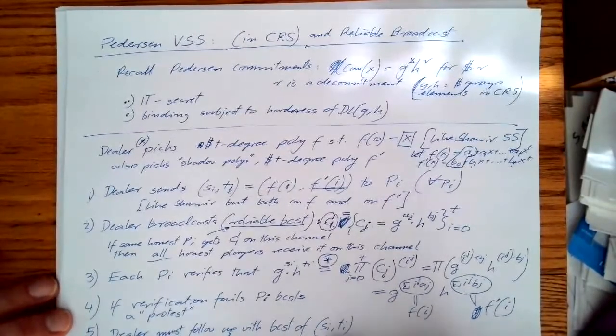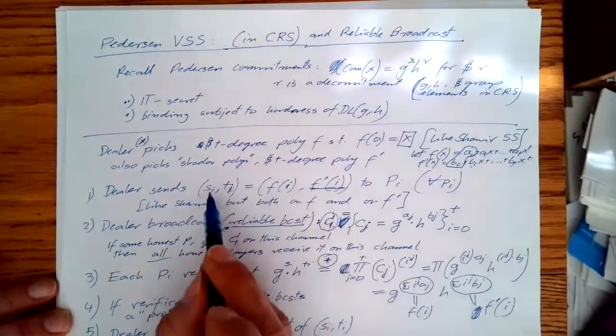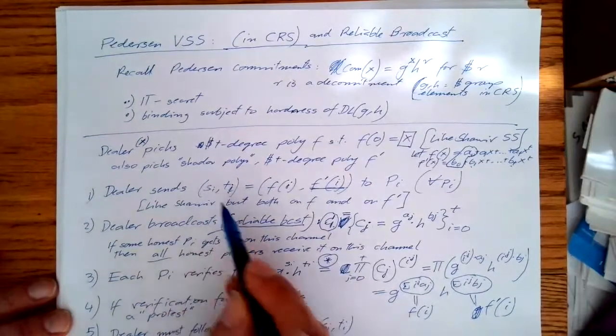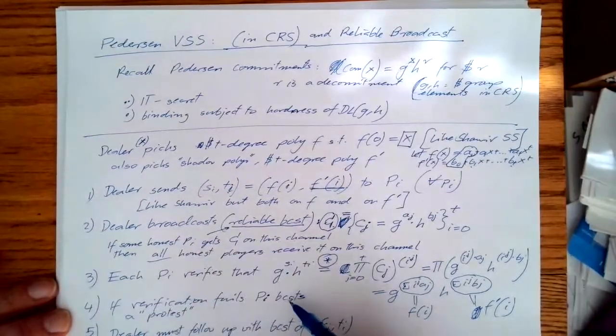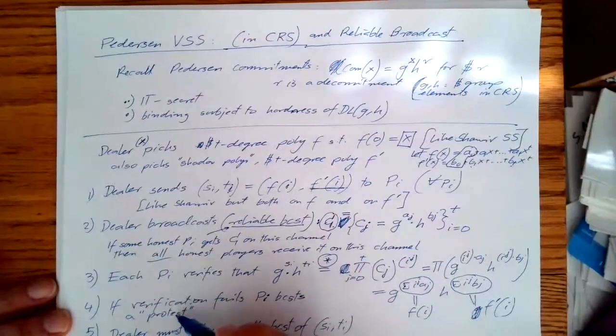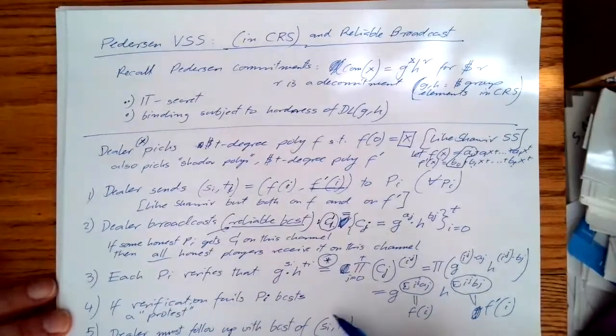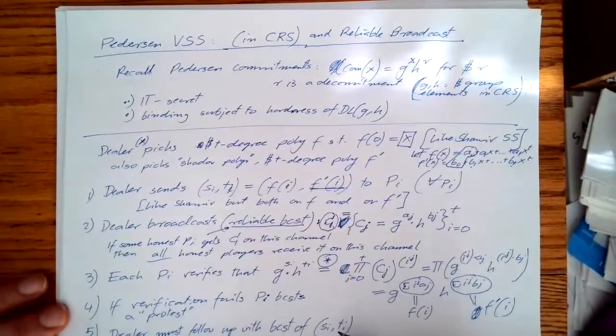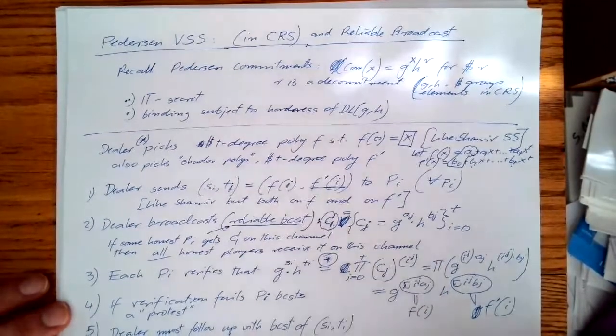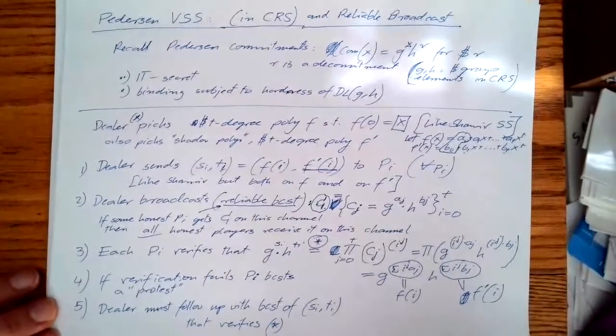Well, but P_i already got that share in that scenario, right? Because if the dealer is good, then P_i already knew it. So the only thing that the bad P_i can cause using this protest is publication of his own share. So this didn't really increase the amount of knowledge which the attacker has.